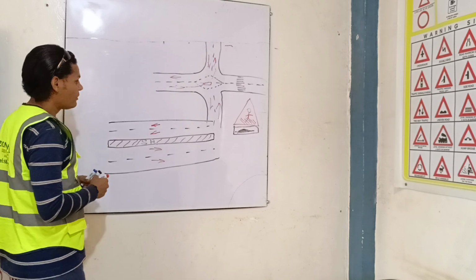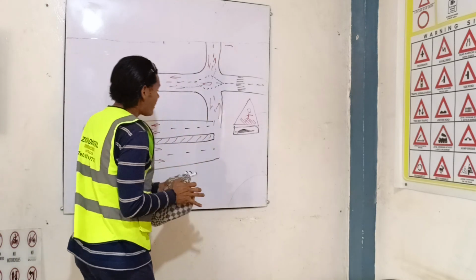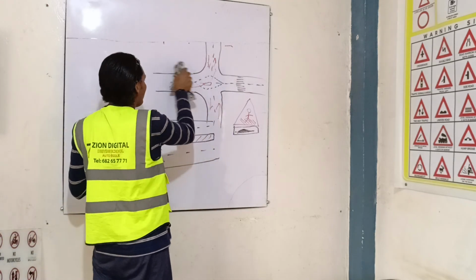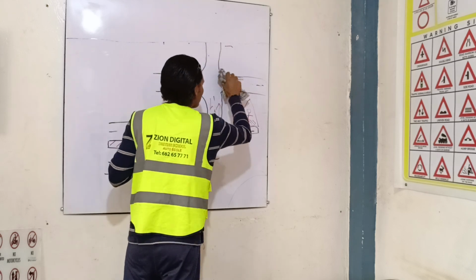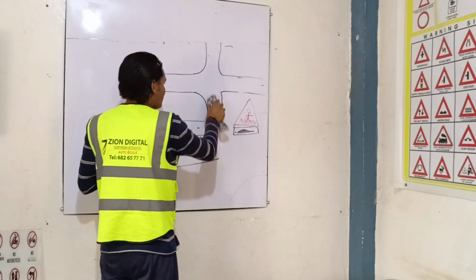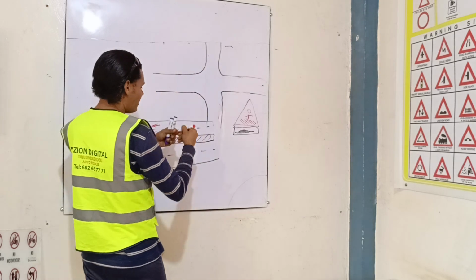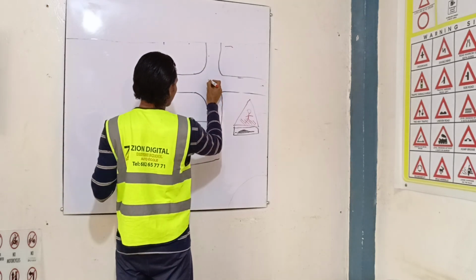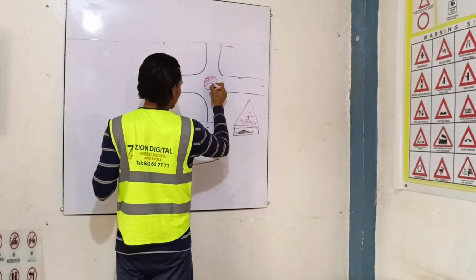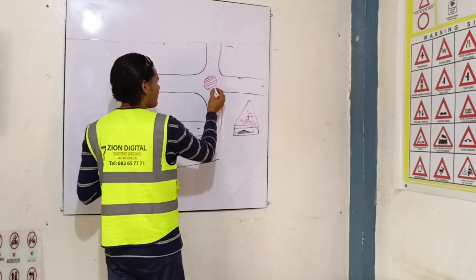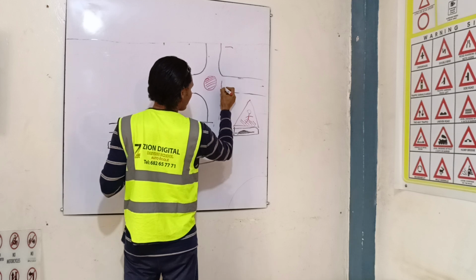Are we there? You get to a roundabout or a junction and you see something like this, drawn on the floor.